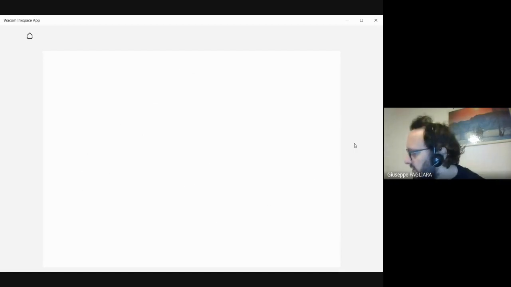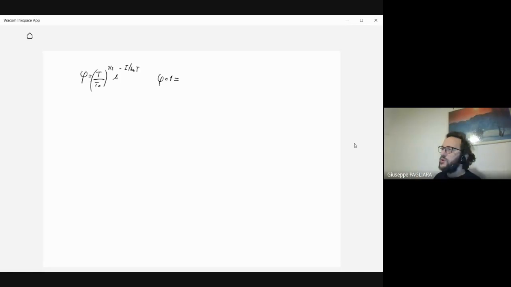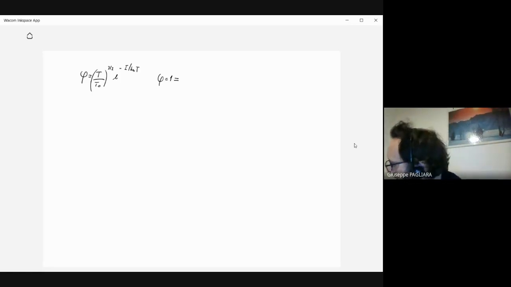So remember that phi was the ratio between T and T0 to the power of 3/2 times e to the minus I over kBT. Now let's put phi equal 1, and let's call the temperature for which phi is equal to 1 Tc, a critical temperature if you want.